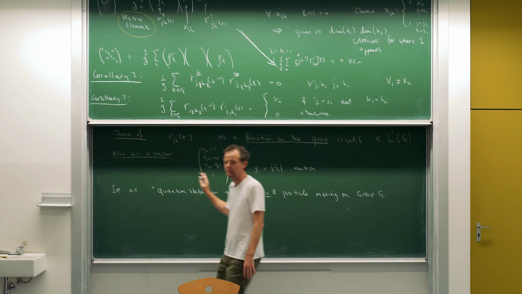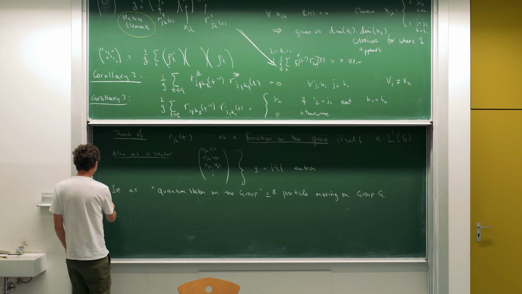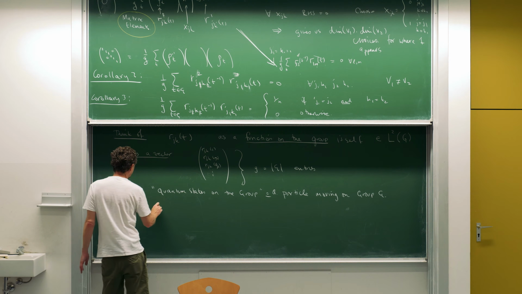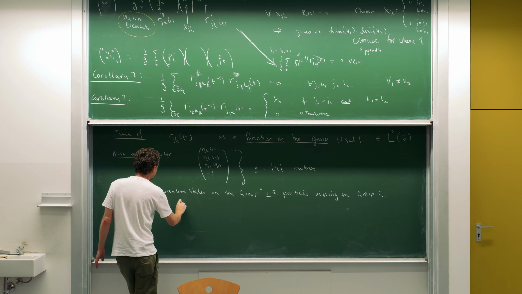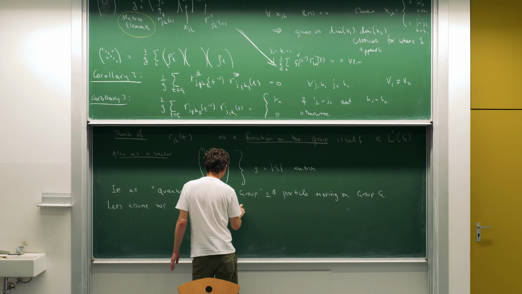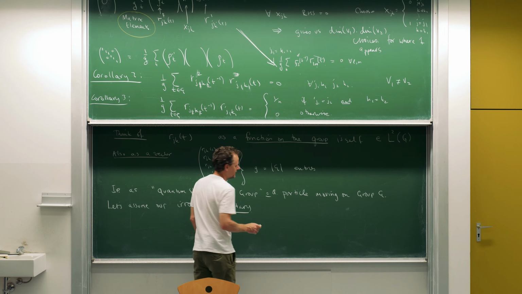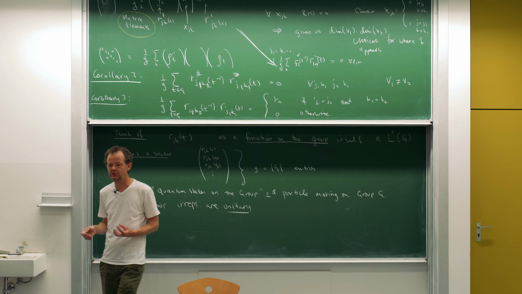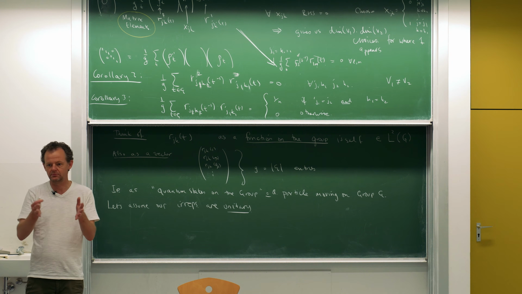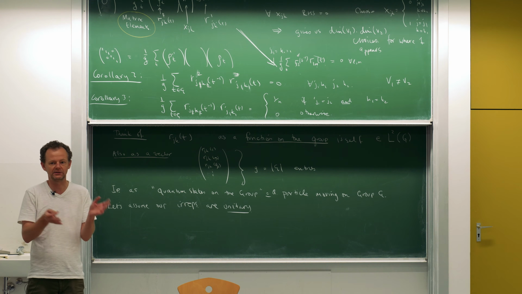Now, moving forward, we're going to assume that our irreps are unitary. You can phrase everything a bit more generally. In Serre's book, he keeps it always, these two cases, he does the non-unitary case and the unitary case kind of in parallel.